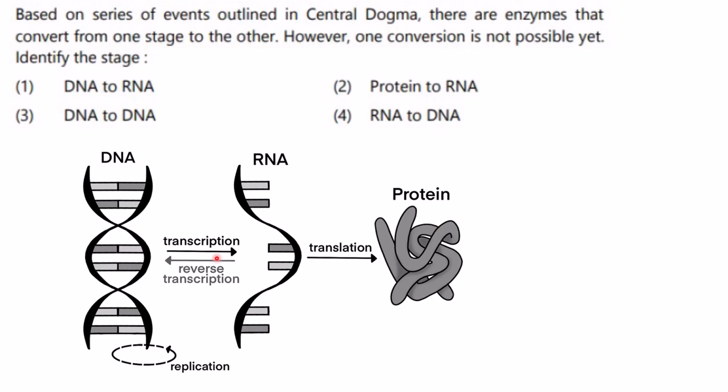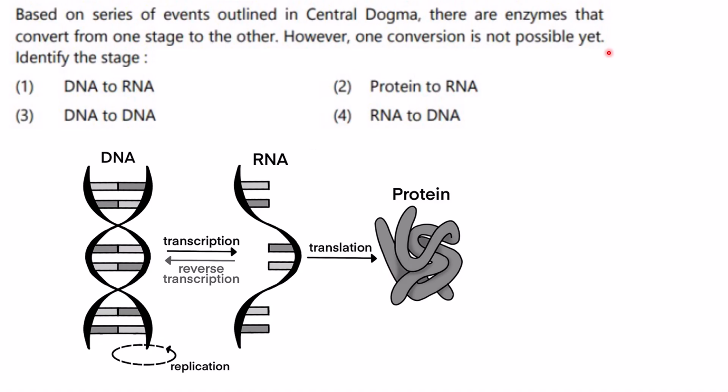DNA undergoes transcription to produce RNA, and RNA is translated to protein. RNA can be reverse transcribed to produce DNA, and DNA can undergo replication also. So RNA to DNA and DNA to RNA is reversible, whereas RNA to protein is not reversible. That is what they have asked.